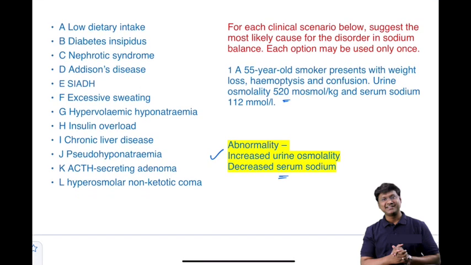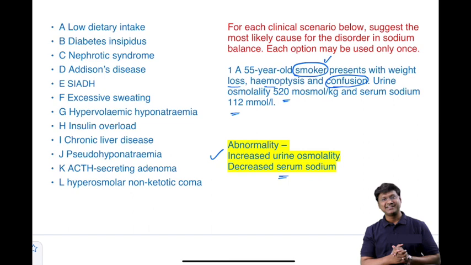Among the options given to you, in which clinical condition will you come across this abnormality? First of all, the individual is a smoker and there is weight loss, hemoptysis, as well as confusion. Weight loss and hemoptysis in a smoker are suggestive of a malignancy, and the confusion is because of the hyponatremia, which is 112 milliequivalents per liter.